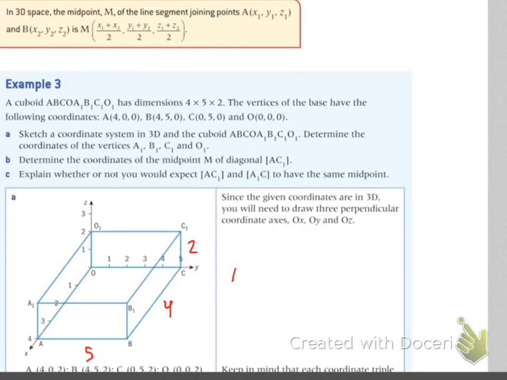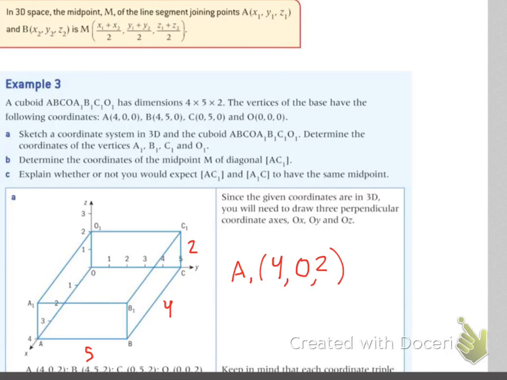So A1 is going to be 4 over. Notice that because it's here, it's at 0 y's. And then I had to go up the 2. So it's 4, 0, 2. And you will follow that all the way around to find B1, C1, and O1.